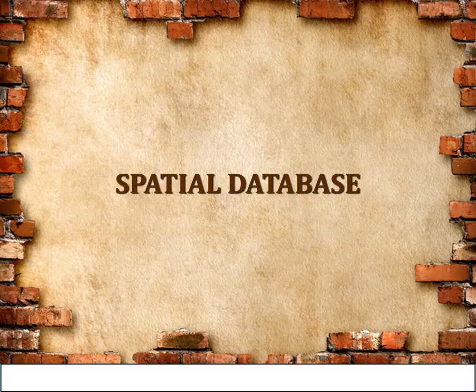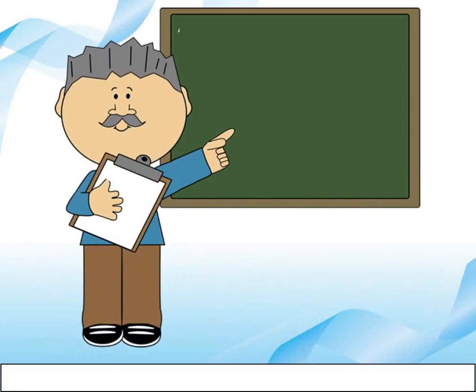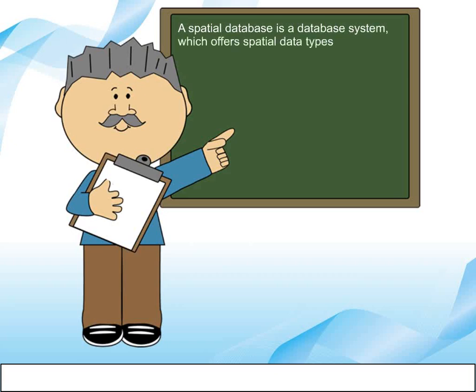Spatial database. A spatial database is a database system which offers spatial data types (SDTs) in the data model and query language.